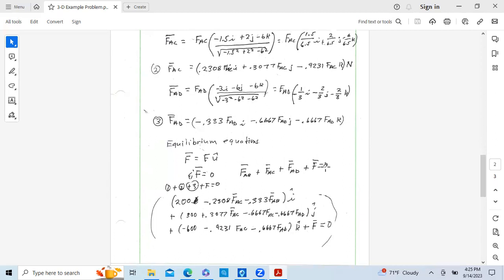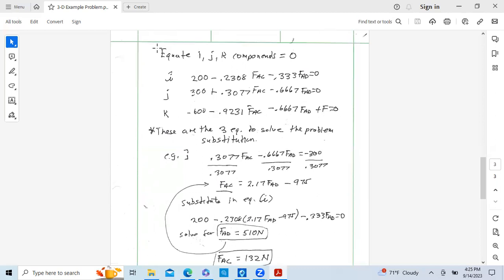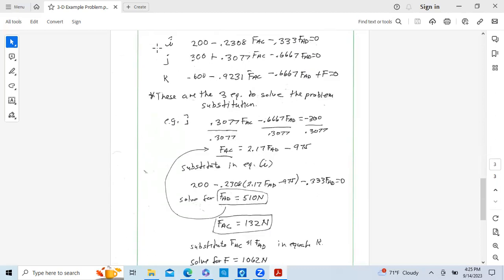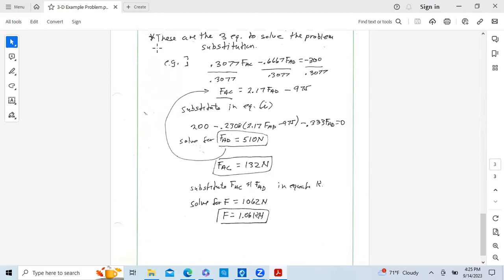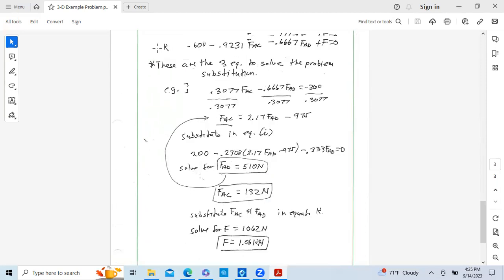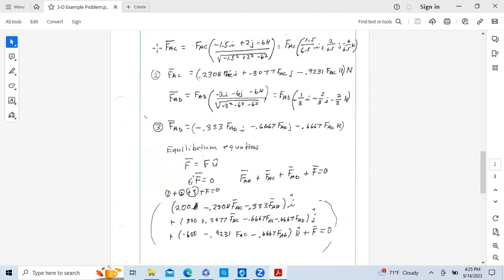And what I'm going to do is create the IJK components. So we have equation 1 up here, equation 2, and then equation 3.